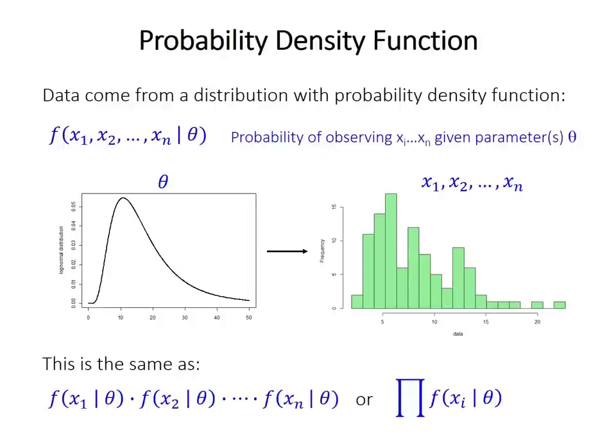So given the way that conditional probabilities work, we can also treat this as the probability of observing x1 given the parameters, multiplied by the probability of observing x2 conditional upon those parameters, and so forth. So in other words, we get the product, that capital Pi symbol, of the probability of observing each data point given the parameters.